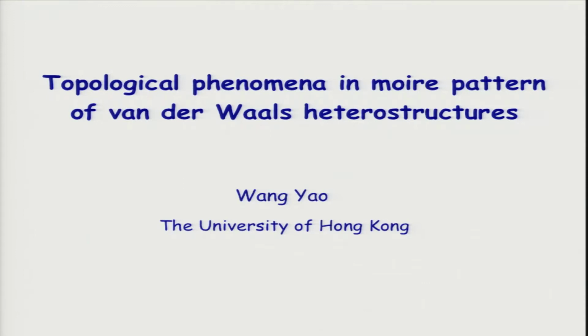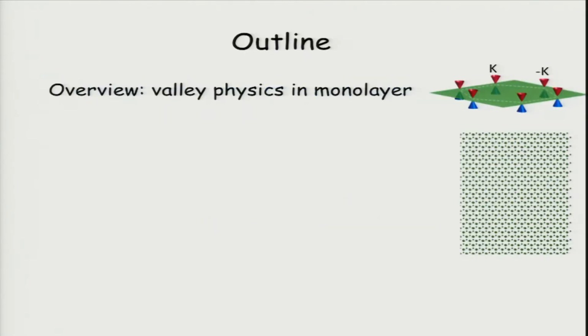These van der Waals heterostructures are formed by stacking monolayer 2D crystals, the recently emerged transition metal dichalcogenide families, which are 2D semiconductors.